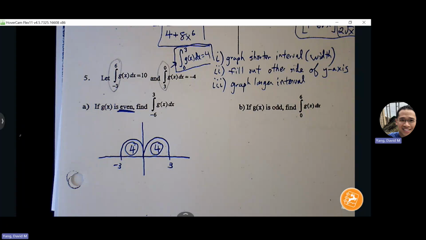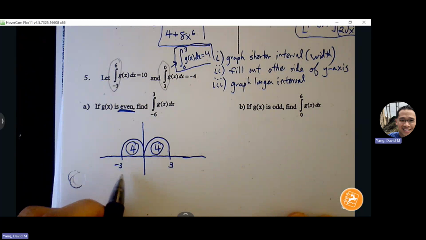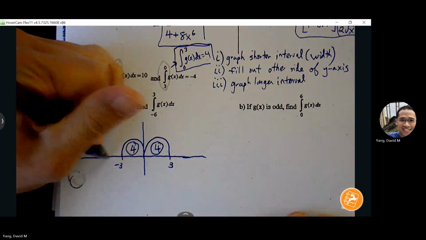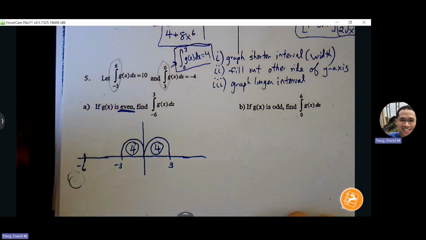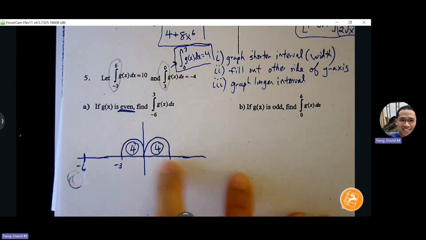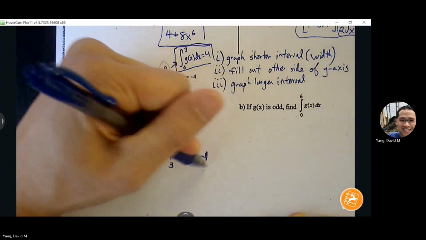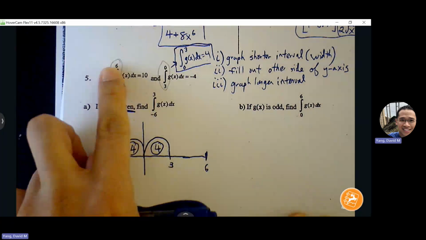What you want to do instead is make a side note that, okay, I have portions that are filled out, I have portions that are not filled out, but ultimately everything has to add up to be 10, right? So I know that I'm going from -6 to 3, right? So this interval, my bad, -3 to 6. This was what's given to me. From -3 to 6, I know that this interval is 10.